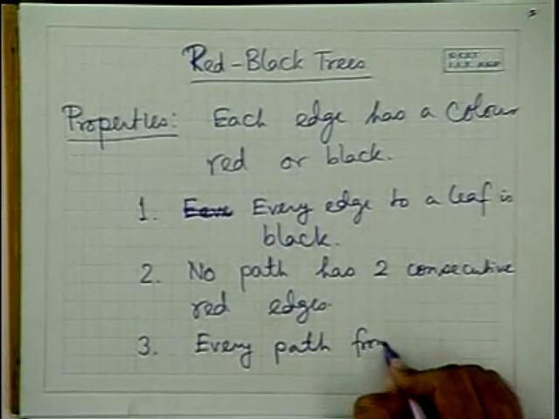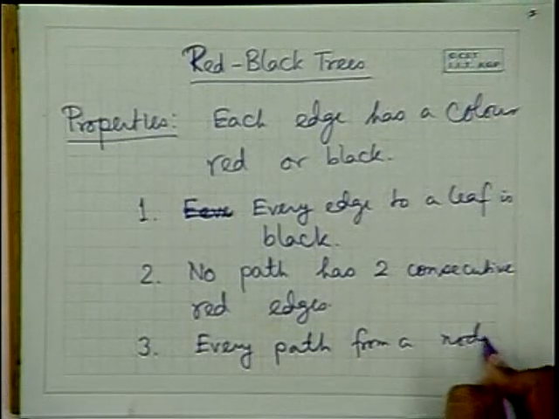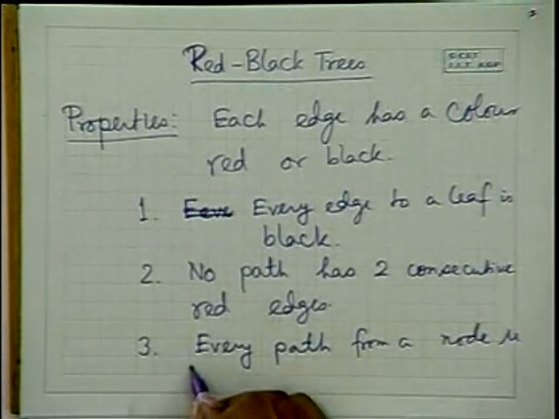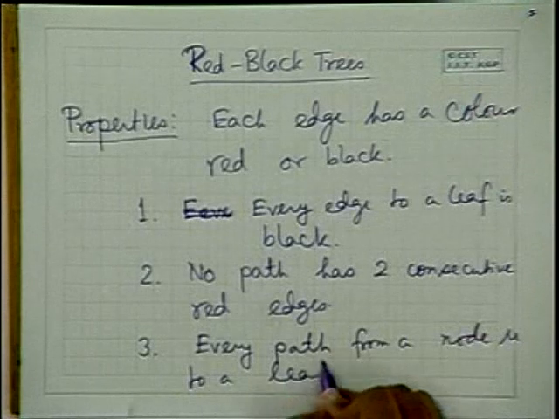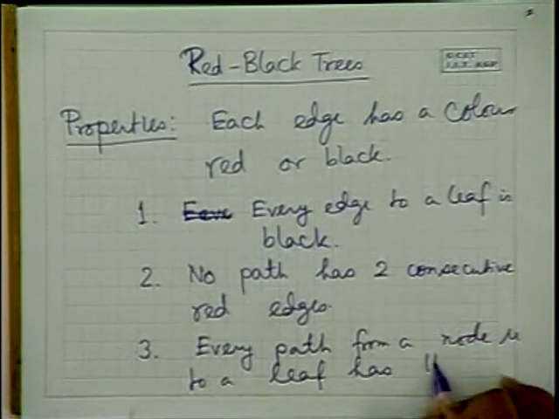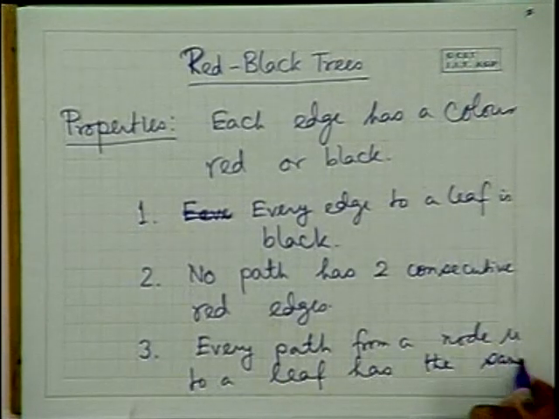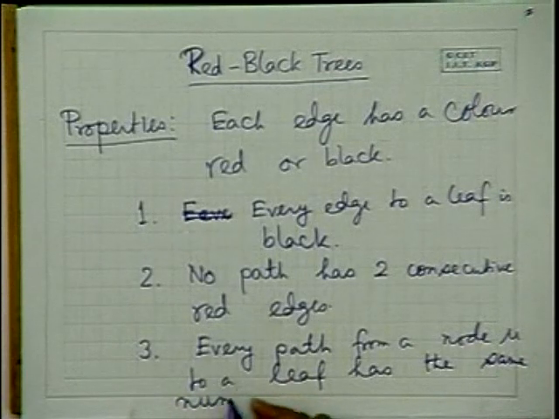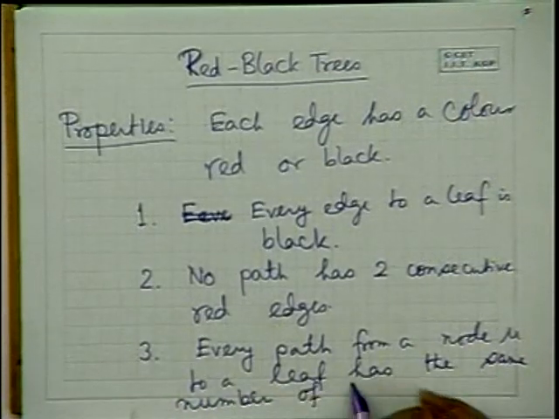The third one is every path from a node mu to a leaf has the same number of black edges.